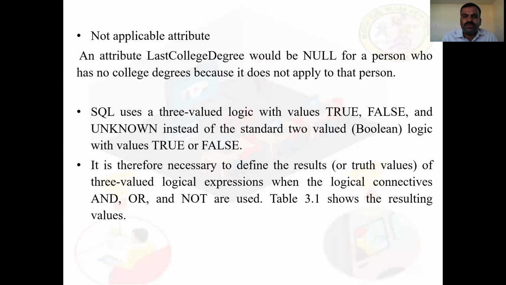It is therefore necessary to define the results of three-valued logical expressions when the logical connectives AND, OR, and NOT are used. AND, OR, NOT are the three connectives of logical expressions.